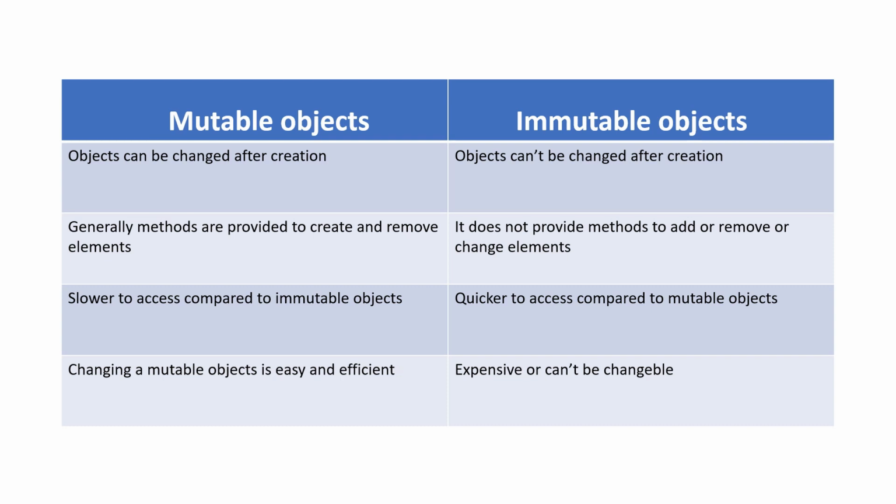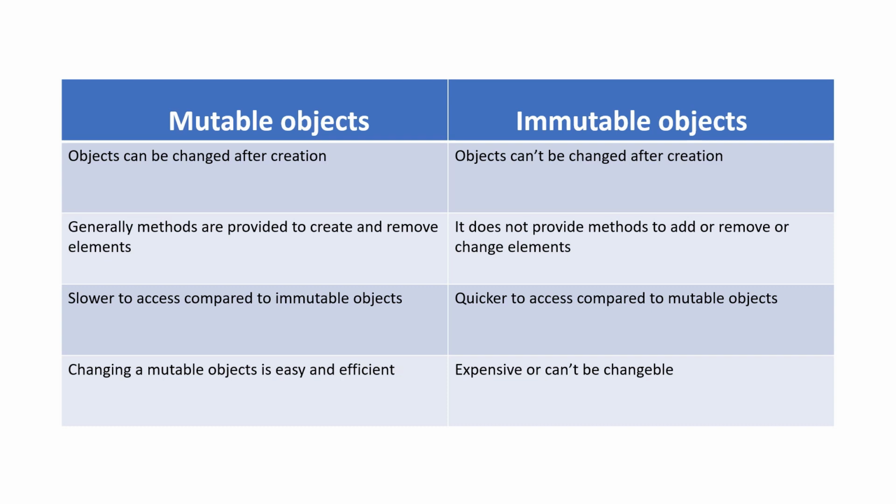We are doing operations on mutable and immutable, but what is the difference? I will try to give you an example. You are doing a string concatenation operation. String is immutable. You can't change a string object.